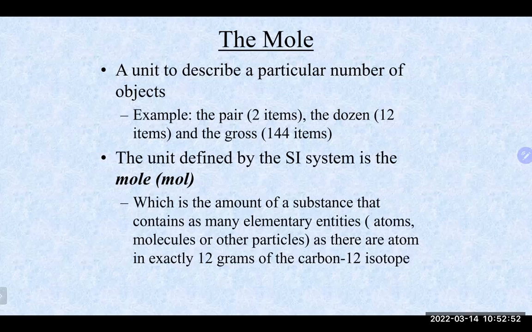In life, we have a lot of words that mean a certain amount. If you say you have a pair, that represents 2. A dozen represents 12. A gross of pencils, they used to call 144 a gross.